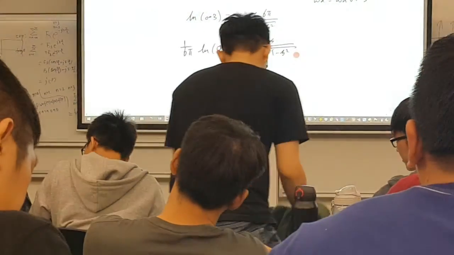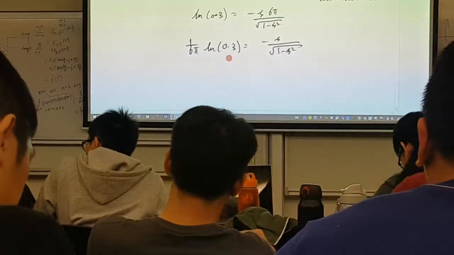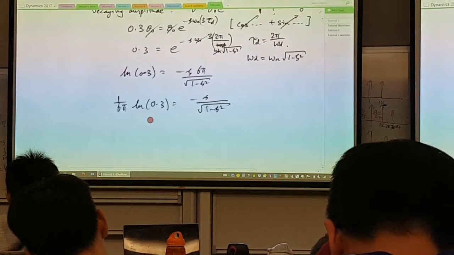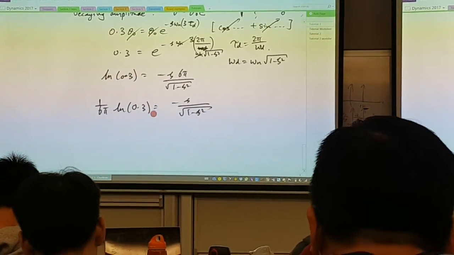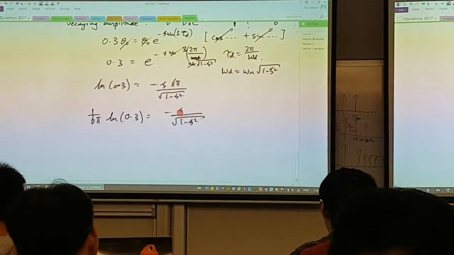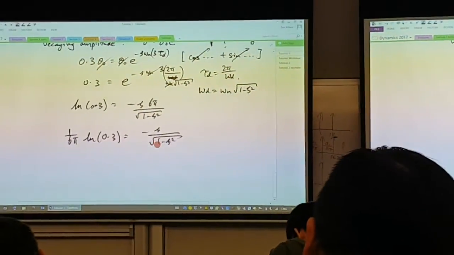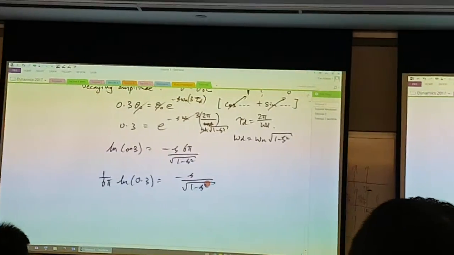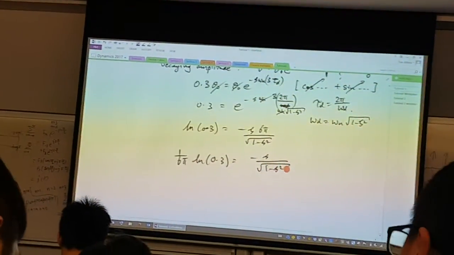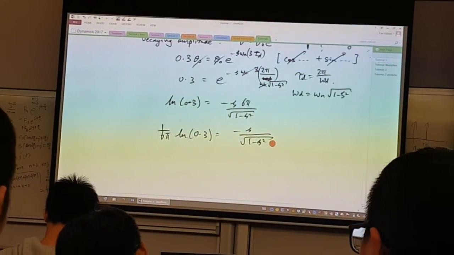So over the years, I also get to see that actually students don't know how to solve this. There's a zeta, there's zeta, one equation, one unknown. There's a square root over here, and then they're totally frozen. Don't really know what to do.